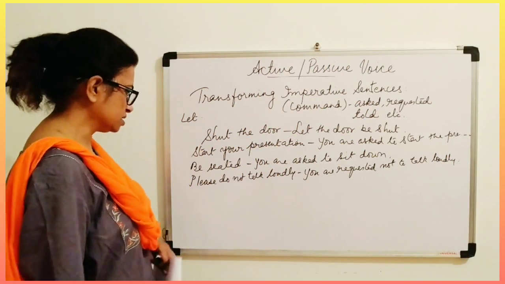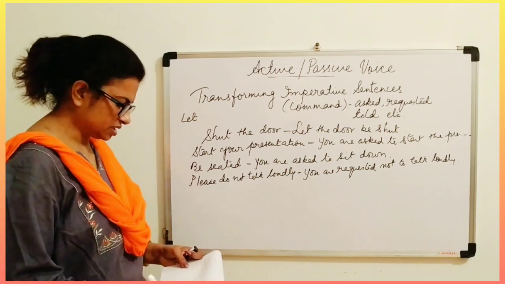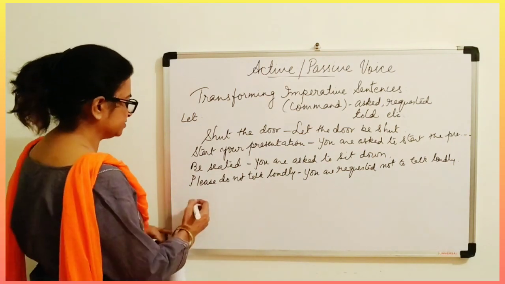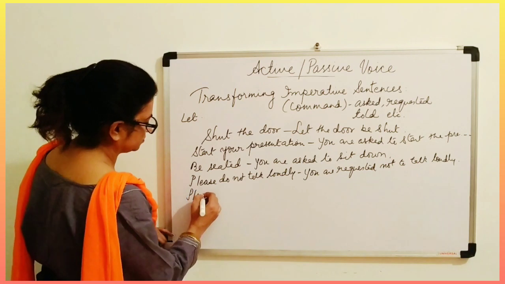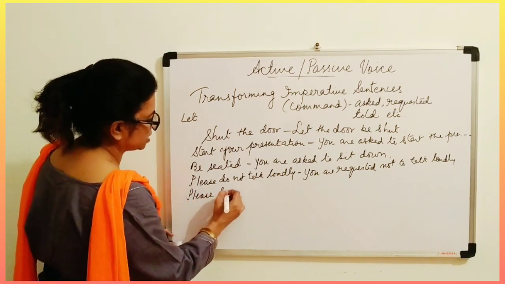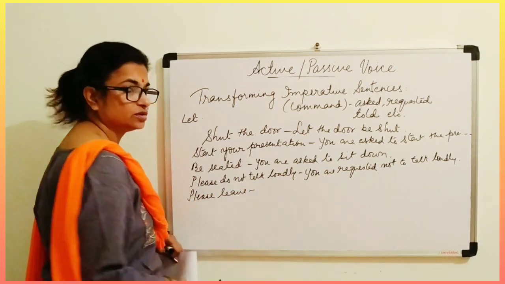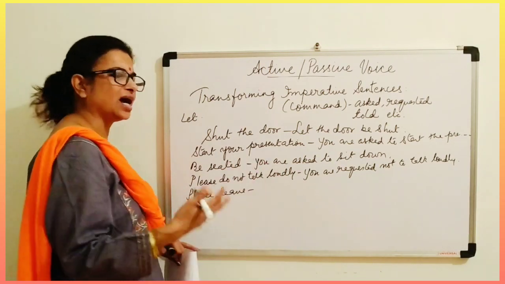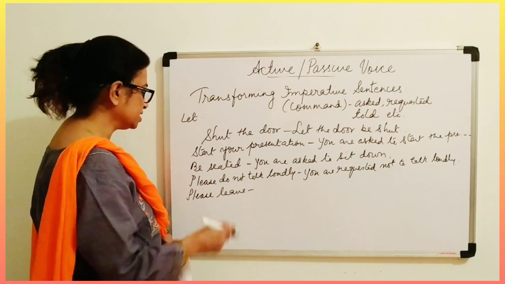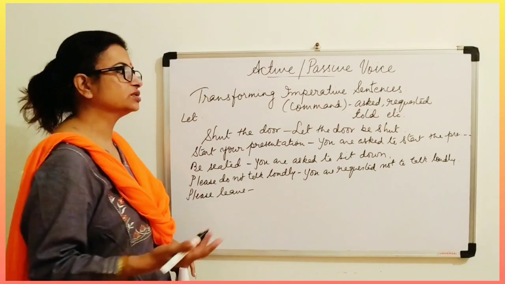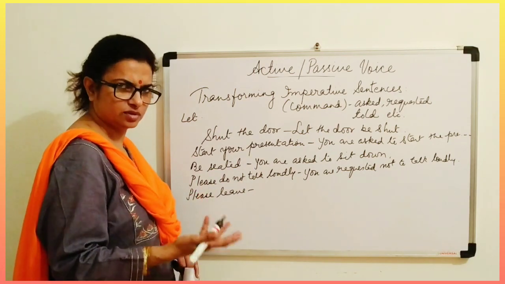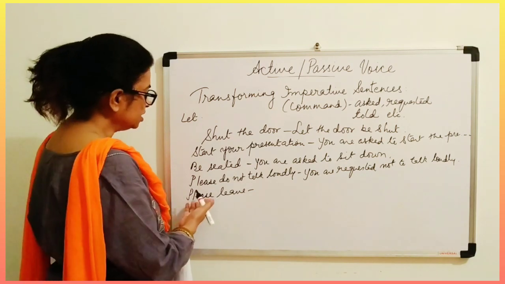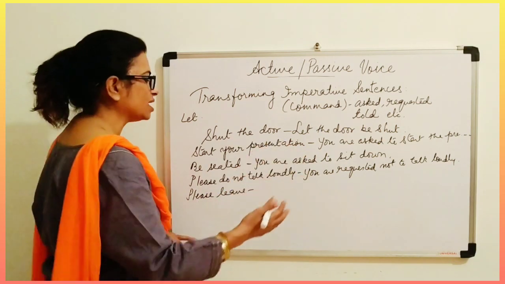This way we can make it, isn't it? Let's take another sentence like please leave. So again two words. So you are requested to leave or you are asked to leave. It's not compulsory that if please is written you have to use request, but it's better if you use request. But here, please leave: you are asked to leave.